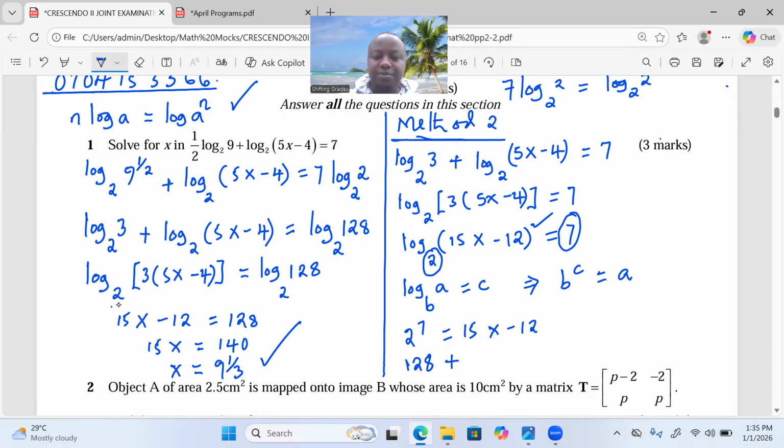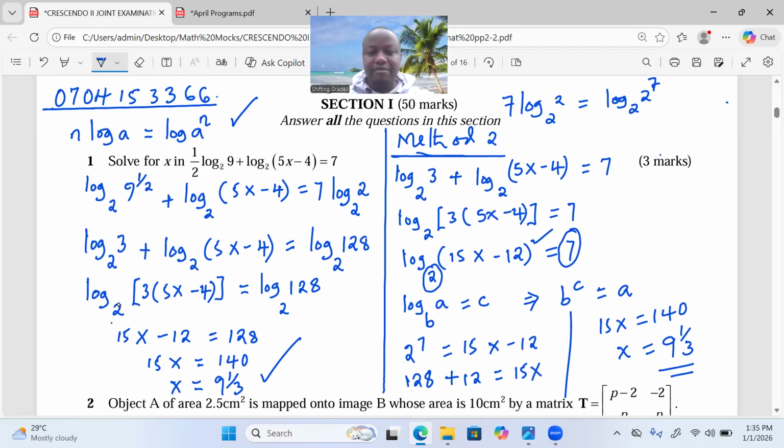Then 12, which is subtracted on the right, becomes addition on the left-hand side, equals 15x. Check now. 15x is equal to 140. And with this, we can remain with the value of x by dividing by 15 through. And the value of x becomes 9 1/3. So that's the alternative method that you can use to get the right answer in the same question.